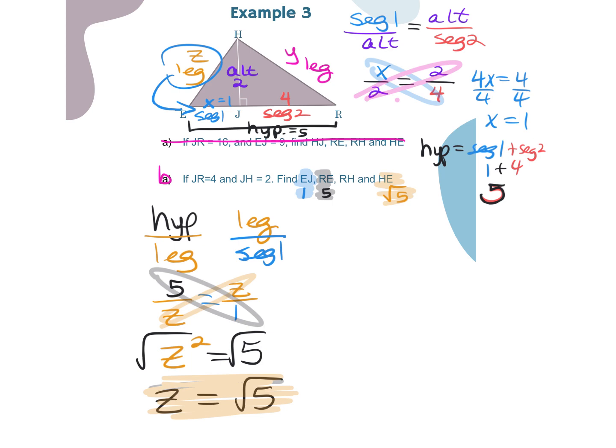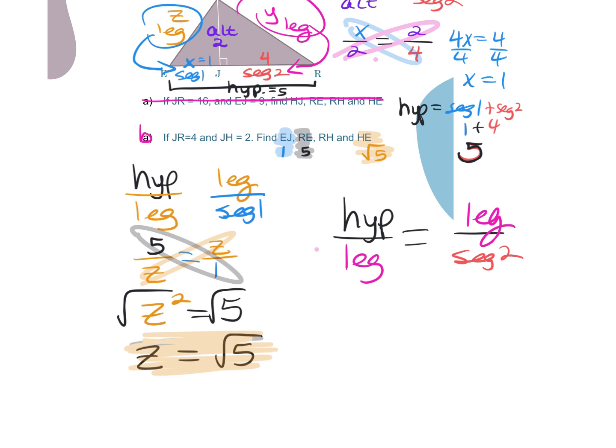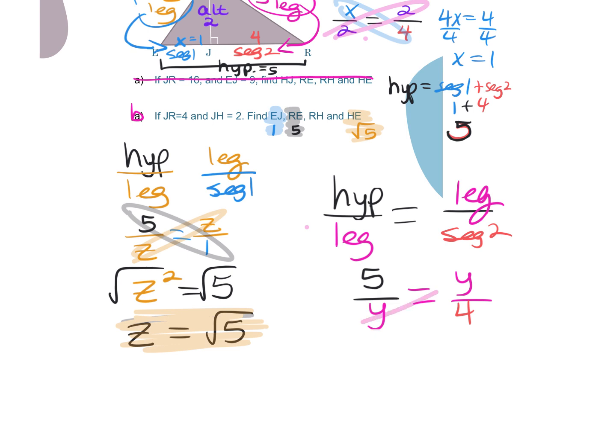And now I just have to do the pink leg. So for that one, we're still doing hypotenuse, but this time it's over the pink leg. So leg, leg, and then that segment of the hypotenuse adjacent to the leg is segment 2. So let's fill it in. Hypotenuse 5, pink leg is Y, red segment is 4. We're going to cross multiply. Y times Y gives me Y squared.